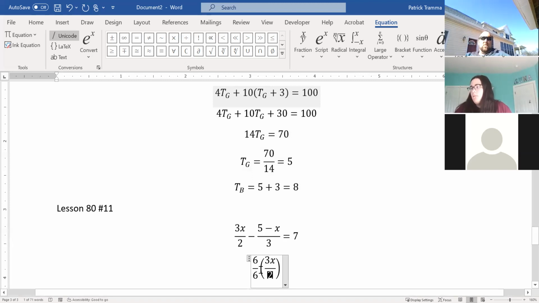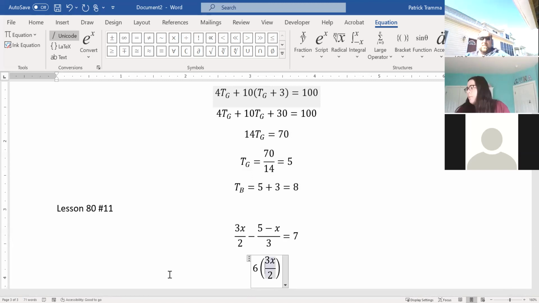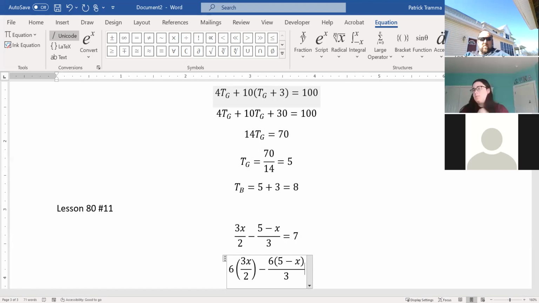We're not multiplying by 6/6. We're multiplying both sides of the equation times 6. 6 times 5 minus x divided by 3 equals 7 times 6. So both sides of the equation times 6.